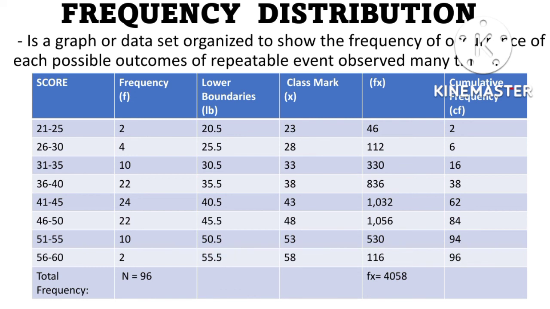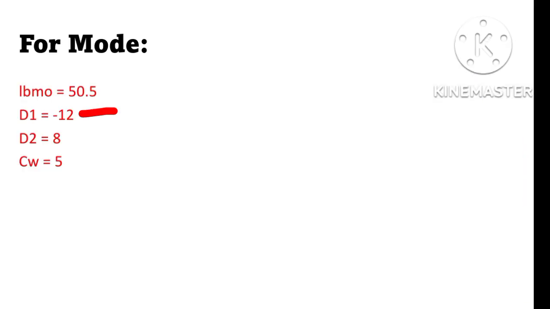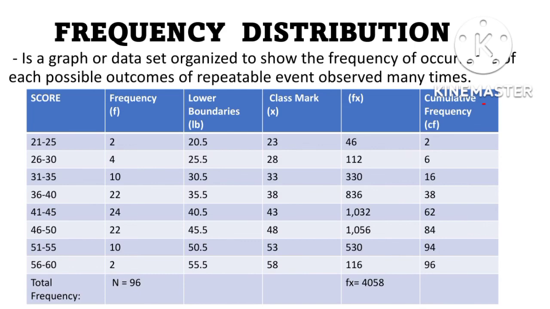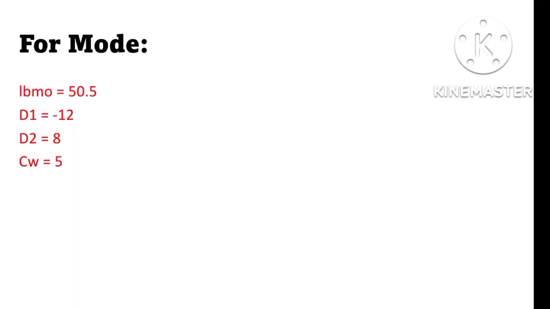The D sub 1 will be negative 12, since it is the difference between the modal class and the class preceding it. 10 minus 22 is equal to negative 12. D sub 2 will be 8, since it is the difference between the modal class and the class succeeding it. 10 minus 2 is equal to 8.